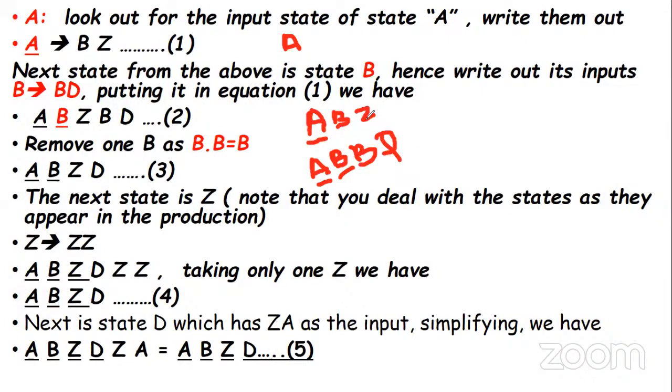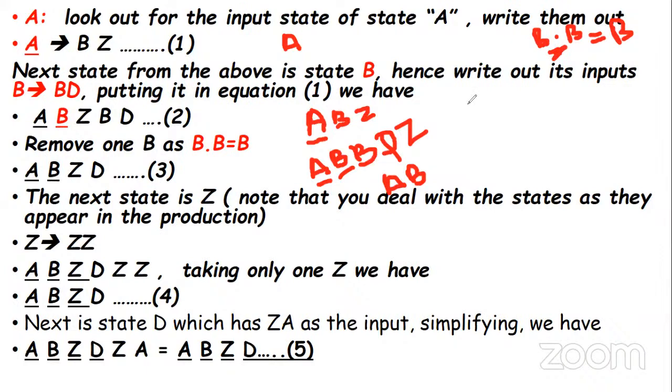However, up here, you still have one hanging, so you bring it down as Z. The next thing is that you evaluate: are there repetitions? Are they well arranged? You see that this is A, B, D, Z, well arranged. However, we have double B. Using the law of Boolean algebra, B dot B equals B. So you bring in just one B. So you have A, B, and instead of writing another B, this has taken care of it.